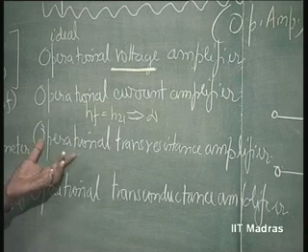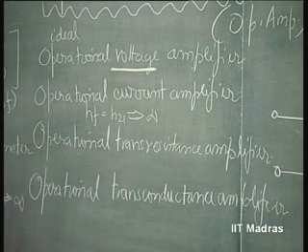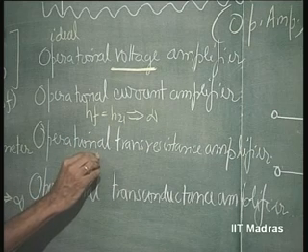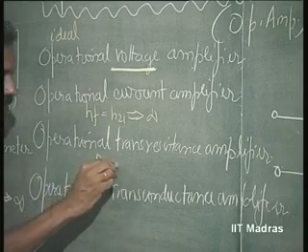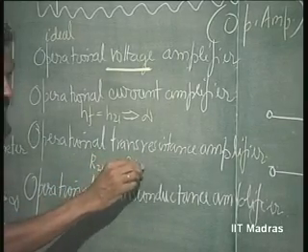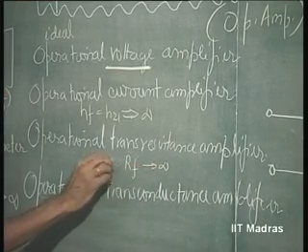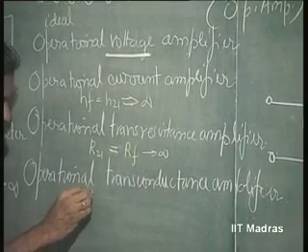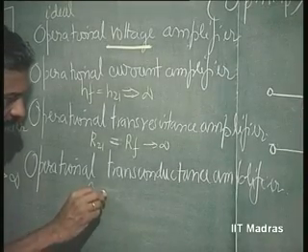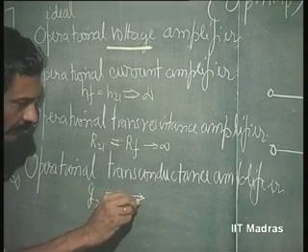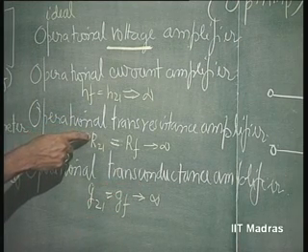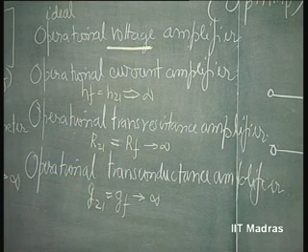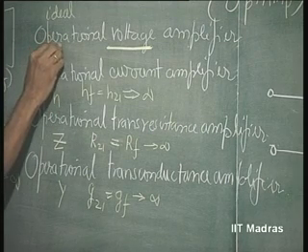Now, operational trans resistance amplifier, by the name itself implies R21, or RF, goes towards infinity. Here G21 equal to GF goes towards infinity. This is Z parameter. This is Y parameter. Y parameter, Z parameter, H parameter, and G parameter.